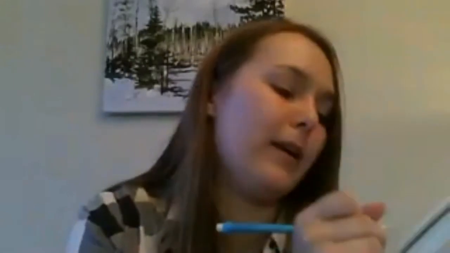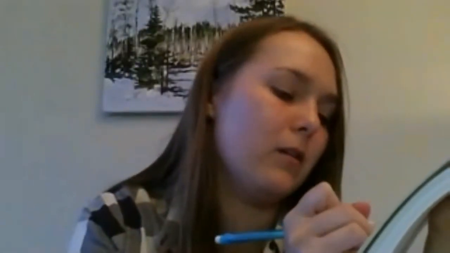I'm just going to draw a line just so you can see it a little bit better. Okay, so head width in comparison to the width of the body and the height of the body.